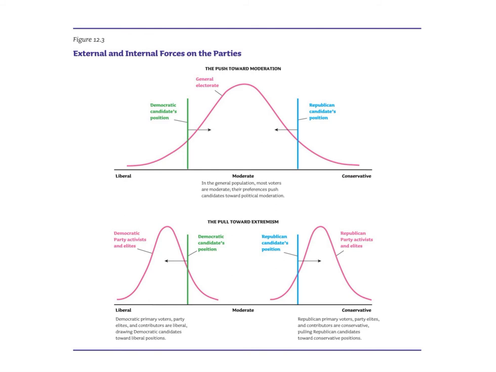The Democratic Party activists and elites moving toward the left to capture as much as they can of the distribution of votes on the liberal side. The Republican Party candidate and activists and elites moving toward the right to capture as much of the Conservative Party electorate. Now, how they represent the median voter, because there's a different median voter in each of these instances, right?